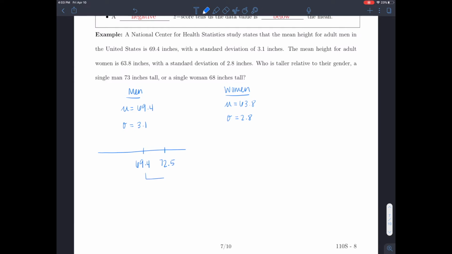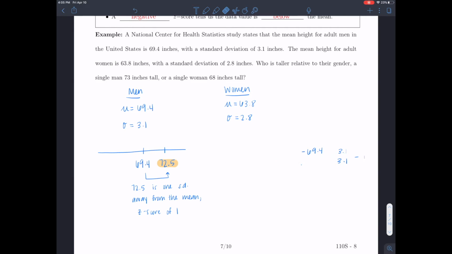And so here, 72.5 is one standard deviation away from the mean, which means it should have a z-score of 1. So that was just a quick example to show what a z-score is and what it represents.